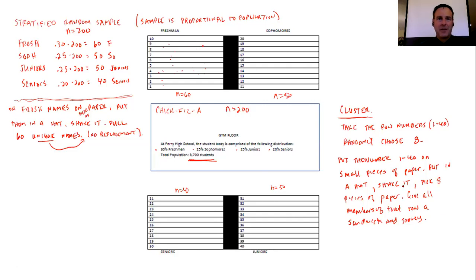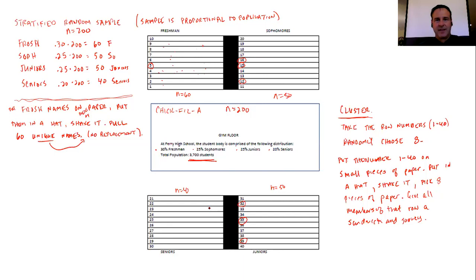Now, what's the good thing about this? Maybe the first row I pick is 5, and the next one I pick is 12, and the next random one I pick is 15, and then 16, and 32, 35, and 39. Actually, that's just 7.